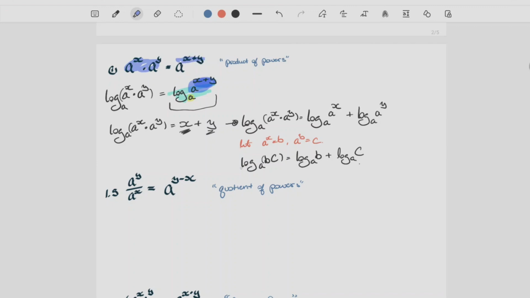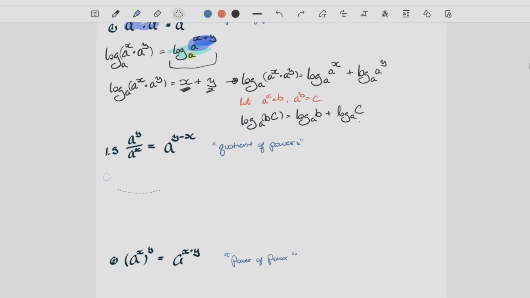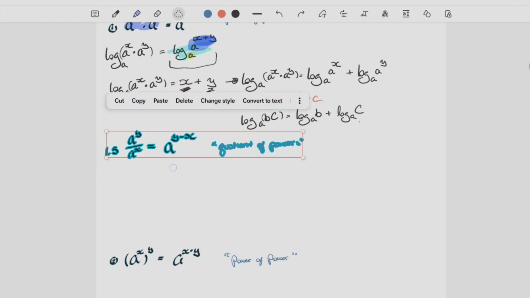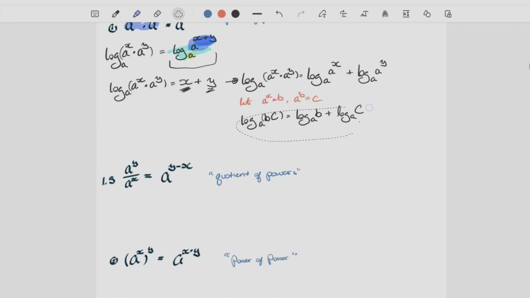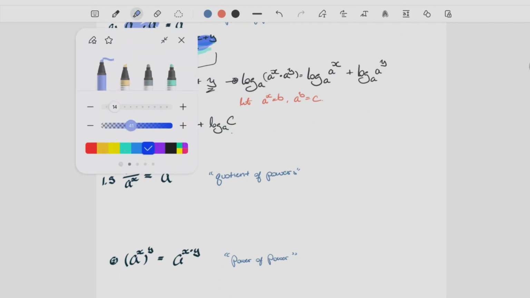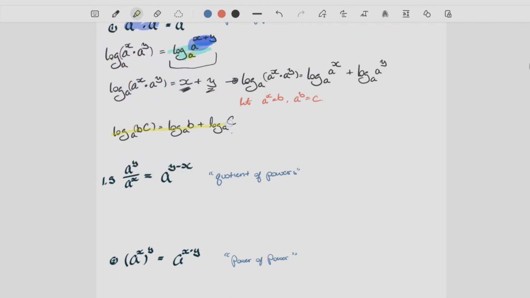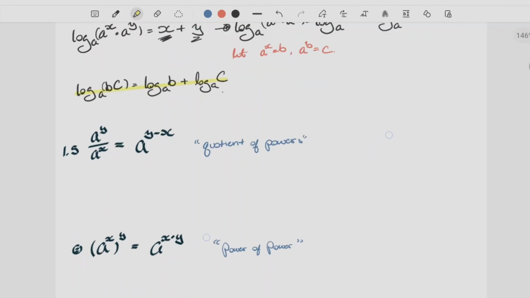So that's why this is reflected here. Let's lower this down and make this look pretty. So we'll make this yellow. Pretty enough, okay.